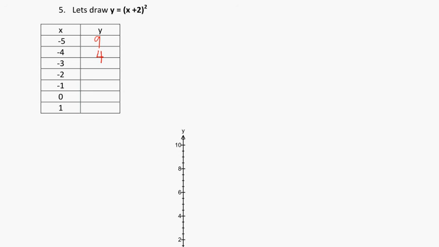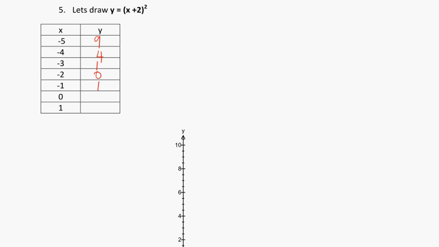Now if you do this on the calculator, if you can't do it in your head, when x is minus 3, plus 2 is minus 1. Minus 1 squared is 1. When x is minus 2, plus 2 is 0. So that will be 0. When x is minus 1, plus 2 is 1. 1 squared is 1. And we should get a repeat of the above numbers.